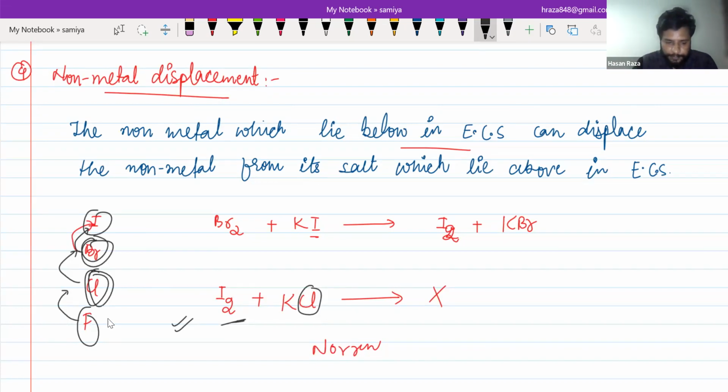Please write it. It should be clear that when the E naught R value increases, reducing power decreases and oxidizing power increases. I will tell you about this soon. Please write it and then we will talk about it.